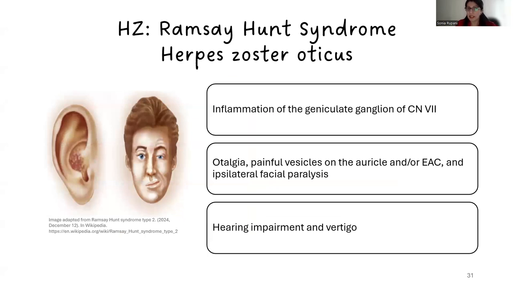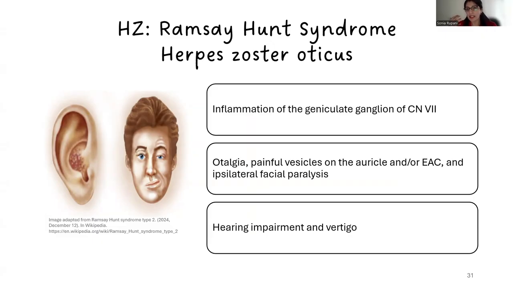Ramsay Hunt syndrome is herpes zoster oticus. More commonly, we usually use the term Ramsay Hunt syndrome. This is where there's inflammation of the geniculate ganglion of cranial nerve 7. Now, cranial nerve 7 innervates the facial muscles, the muscles that help us with our expressions.